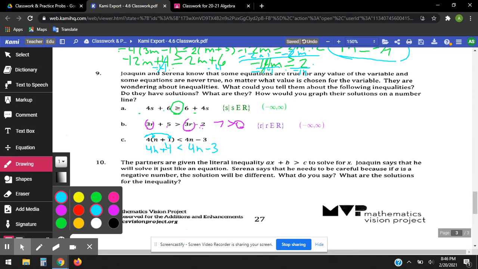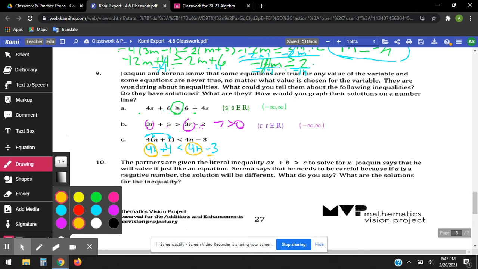Now, if we look at this like we did last time, notice that 4n is the same on both sides, right? But here I'm adding 4, here I'm subtracting 3. There's no way if I'm going to add 4 to one side and then subtract 3 from the other side, my plus 4 is going to be smaller.